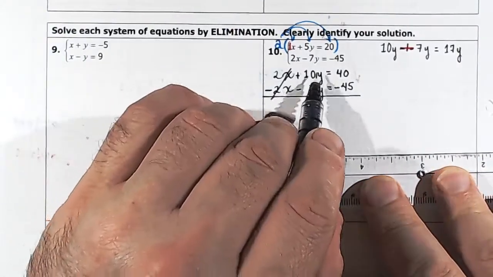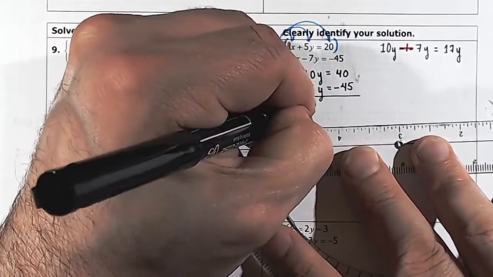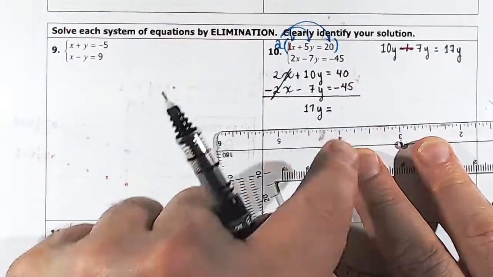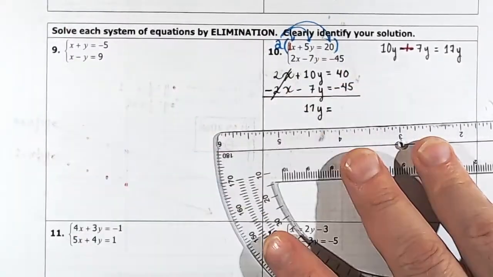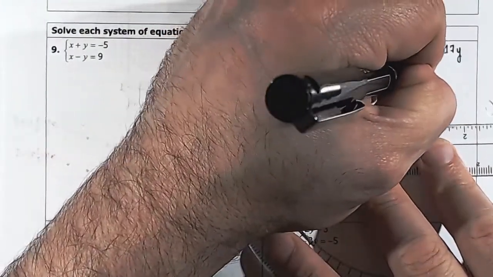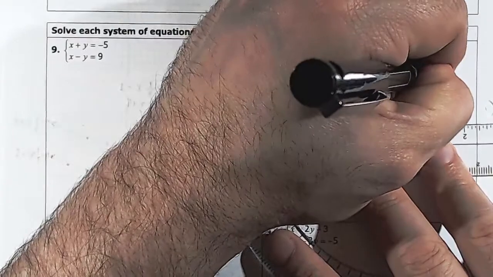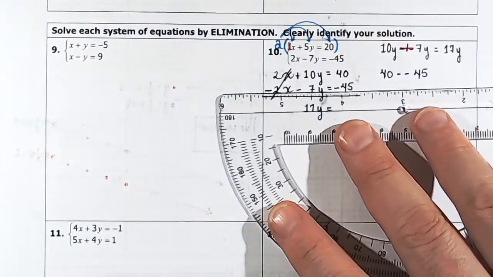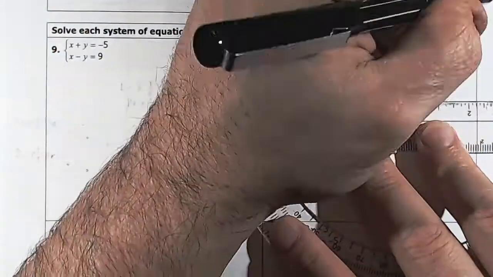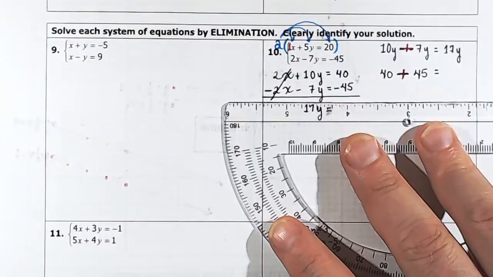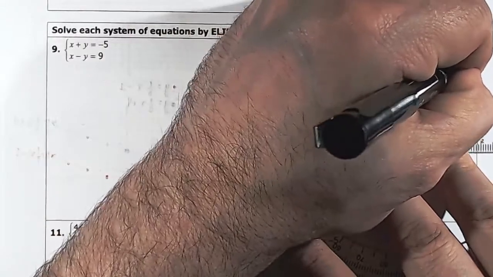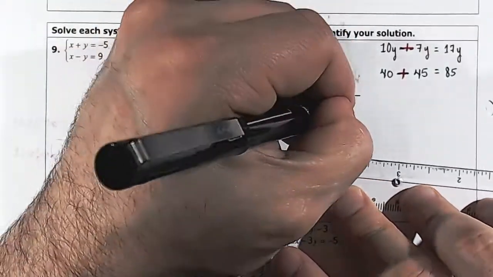So down here I'll write 17y equals, and now I have 40 minus negative 45. That's the same thing as saying 40 plus 45, and that equals 85. So over here I put 85.